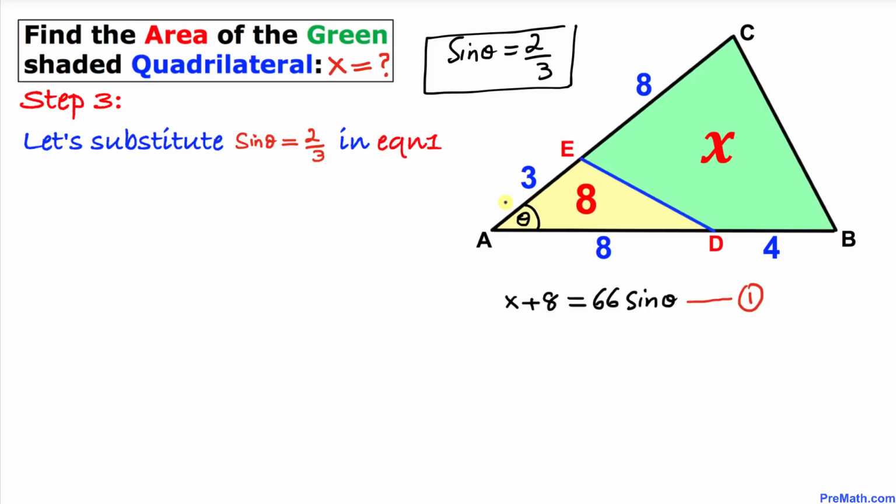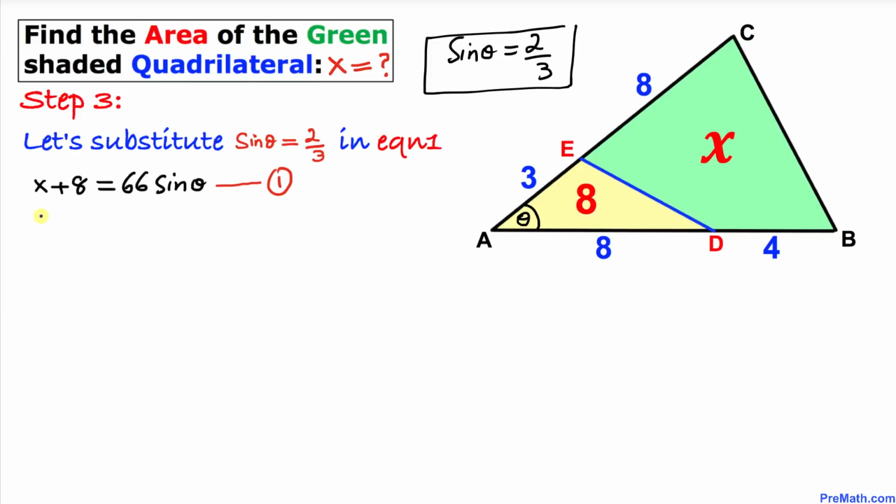And here's our final step. Let's substitute sine of theta equals 2 over 3, which we figured out in the previous step, into equation 1. Let's fill in the blanks. So x plus 8 equals 66 times 2 over 3.